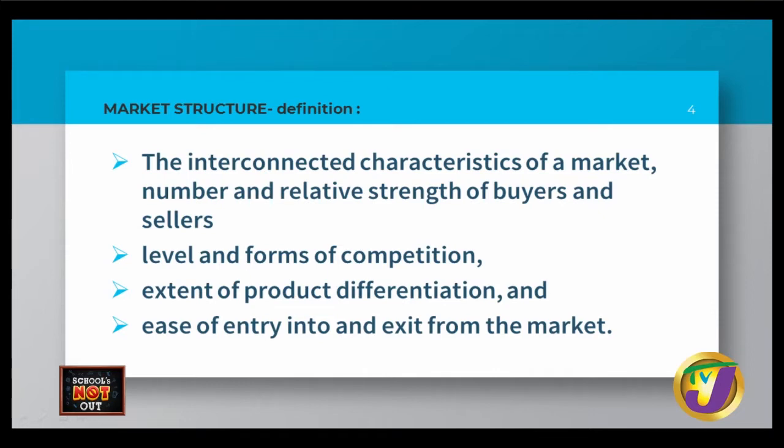So yes, it is looking at how the market is structured, but a little more fullness in definition, we want to look at the characteristics of that market: buyers, sellers, competition, the type of product, and the entry and exit into that market.